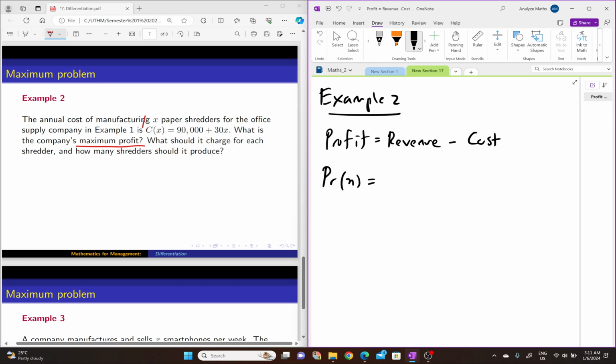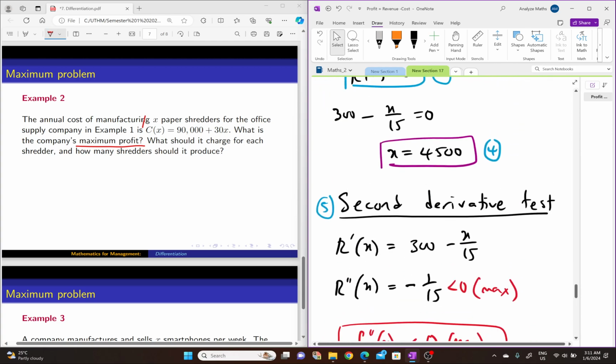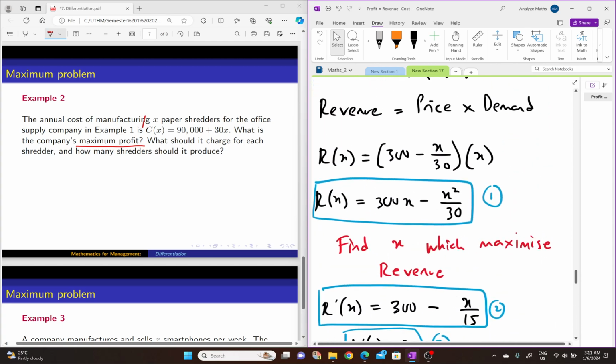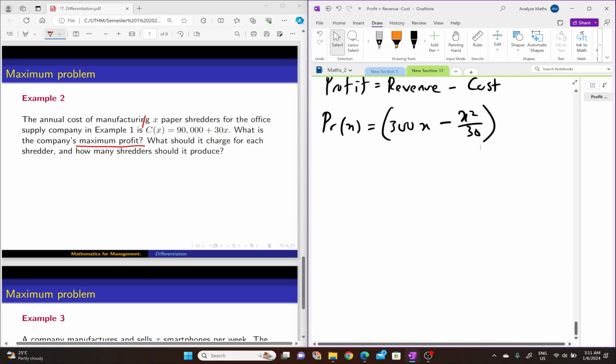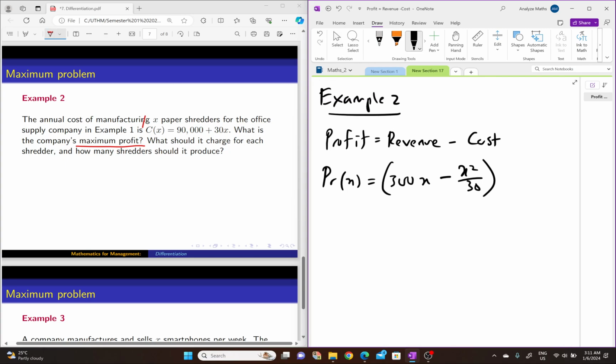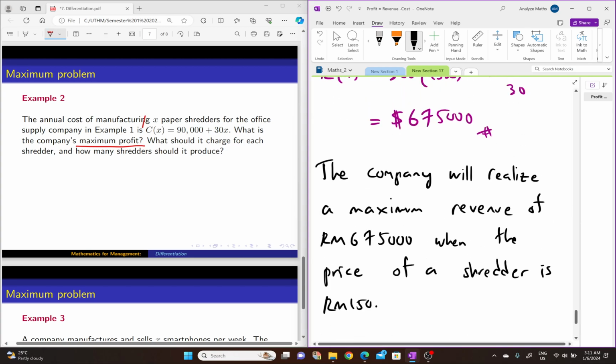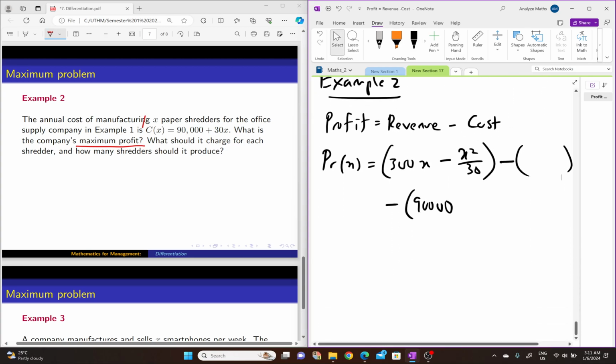Just now our revenue was 300x minus x squared over 30. This is the previous revenue, we found the revenue already, minus the cost. I don't have enough space, that's why I do it down here.